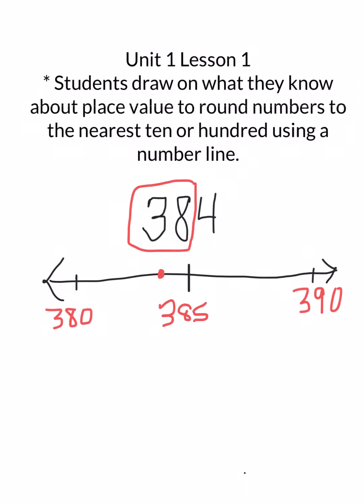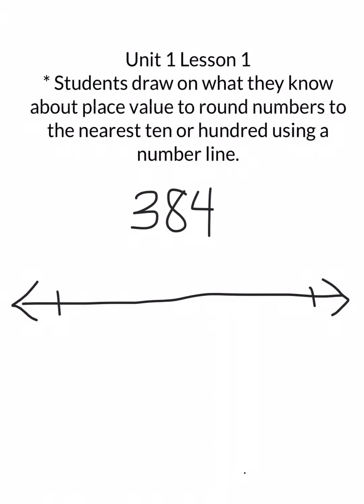In this case, it would be labeled on the left side. This is showing me that 384 rounded to the nearest 10 rounds to 380.